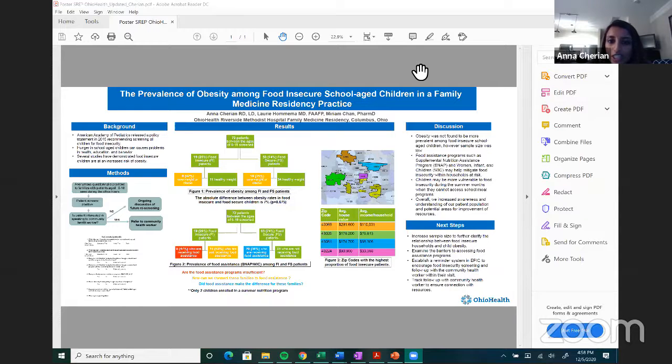I also created a GeoMap which showed that many households with high incomes are also food insecure, which further increases the need for screening for social determinants of health and making sure that we normalize the screening. Thank you.